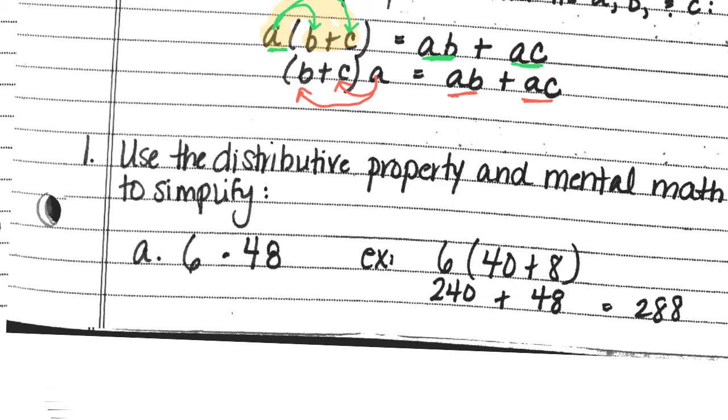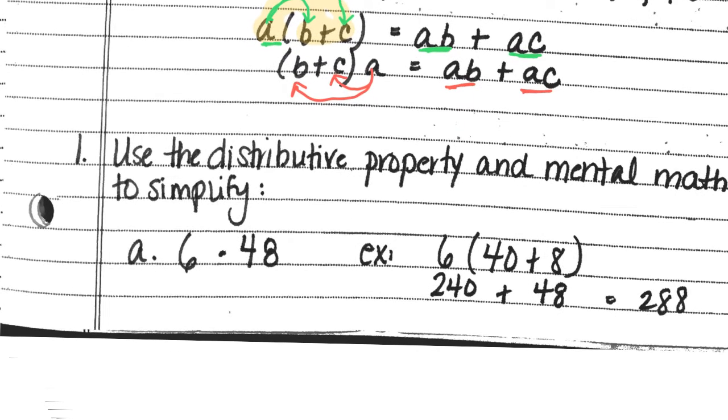They want you to have number awareness. So they're saying that to solve 6 times 48, we can split it up to 6 times (40 plus 8), because that's a little easier to do: 6 times 40 and 6 times 8, where you get 288.